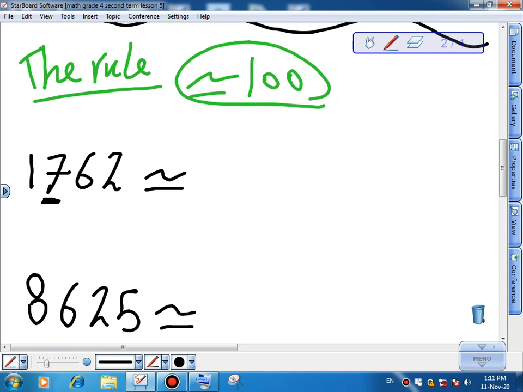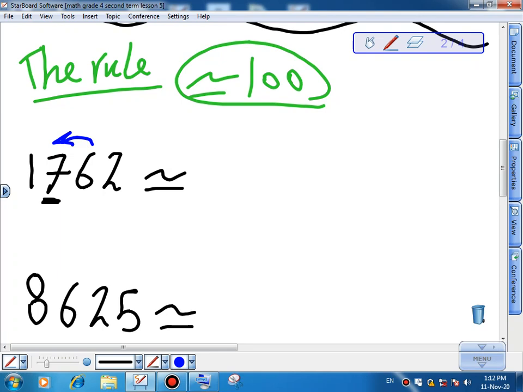We look to the digit that is before the number 7, the tens place, which is 6.